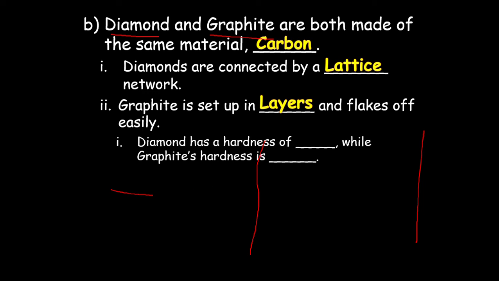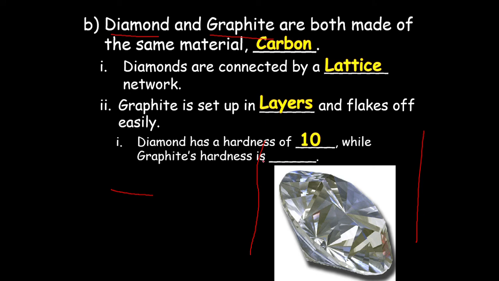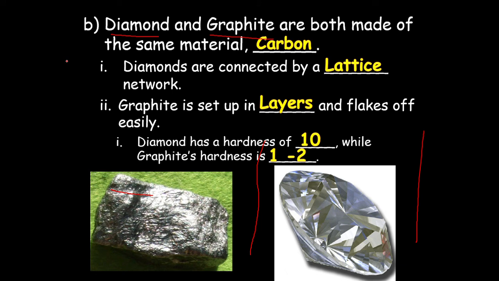We know from the Mohs scale on the previous video, diamond has a hardness of 10, whereas graphite has a hardness of 1 to 2, which is very, very soft. Same composition, different internal arrangement of atoms, completely different mineral, both made up of carbon.